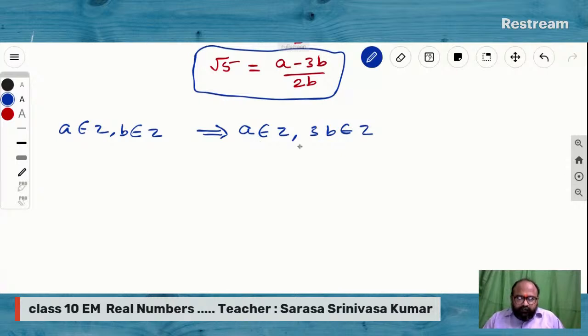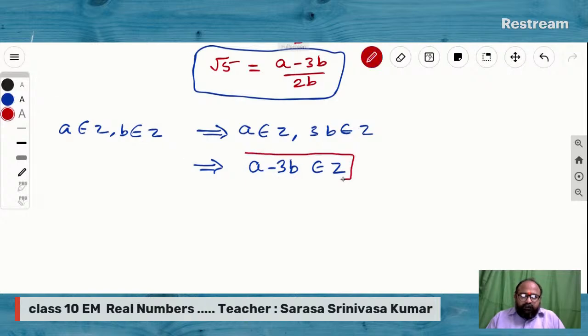The difference of two integers is again an integer. So a is an integer, 3b is an integer. It implies that a minus 3b is also an integer. So this is very important. Now we have proved that the numerator of the right hand side term is an integer.